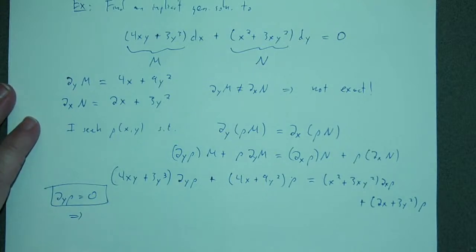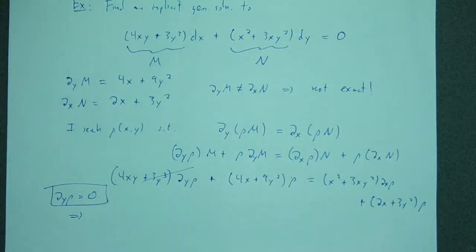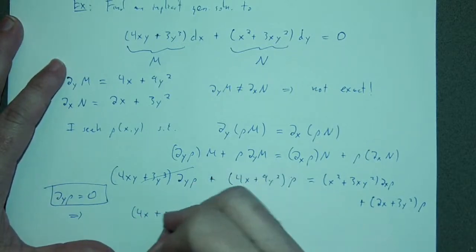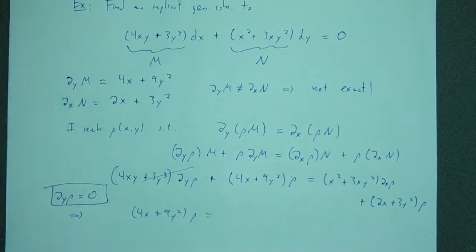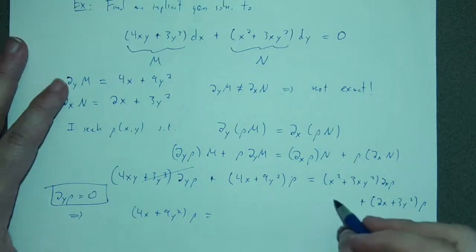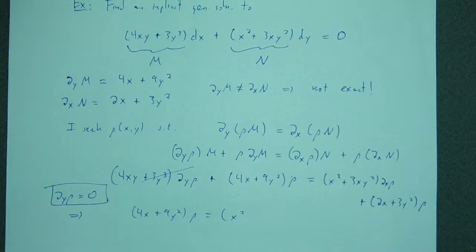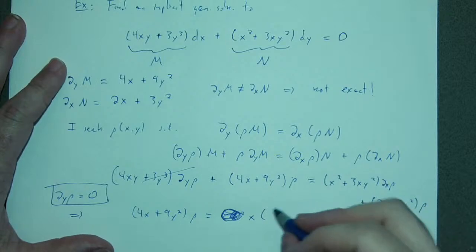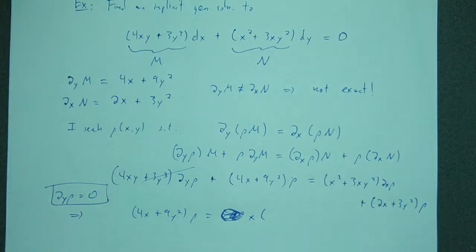Well, if this thing is going to be 0, then what I'm left with ultimately is 4x plus 9y squared rho is equal to x, or I'll go ahead and factor out the actual, so let's write this as x times, oh, I see.